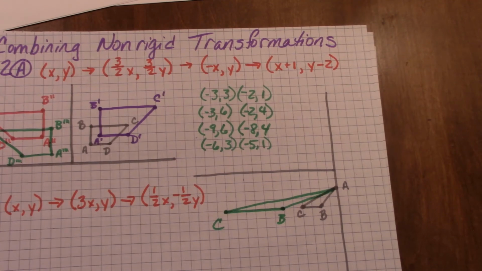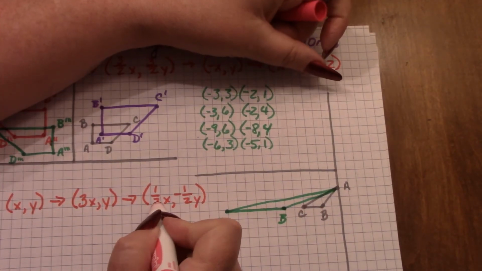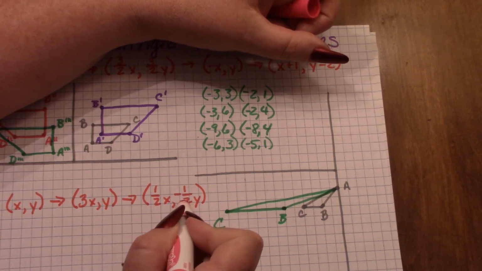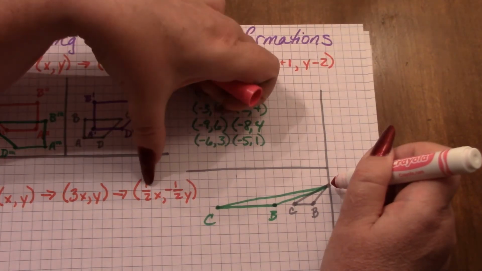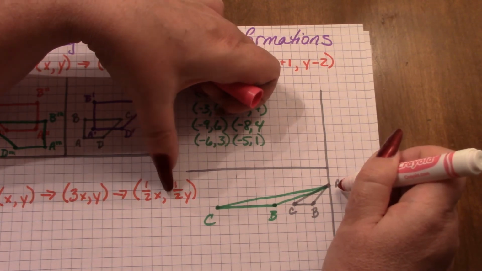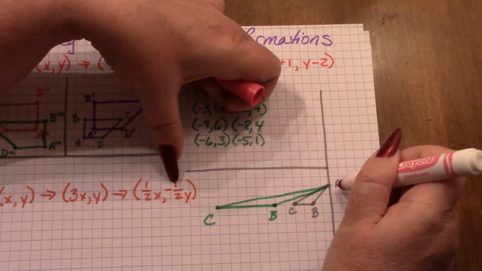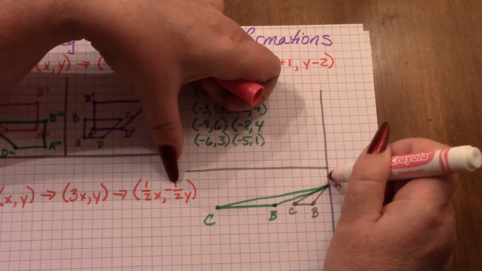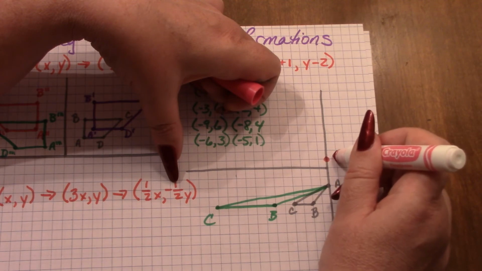And the third one, we're going to take all of this and shrink it in half. Here, for A, X is 0, so that stays put, but y used to be negative 2, now it's going to be positive 1.